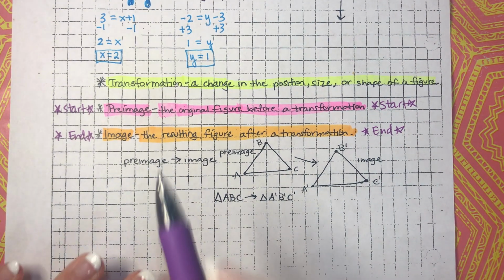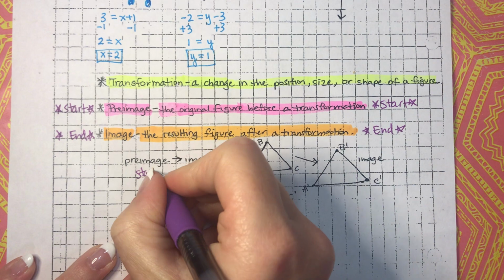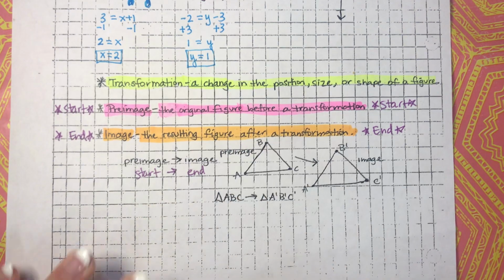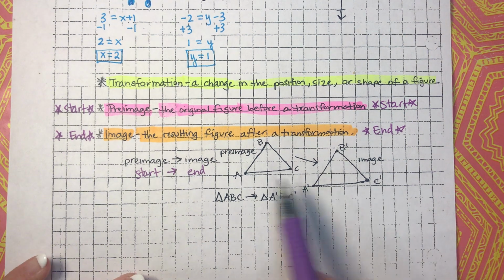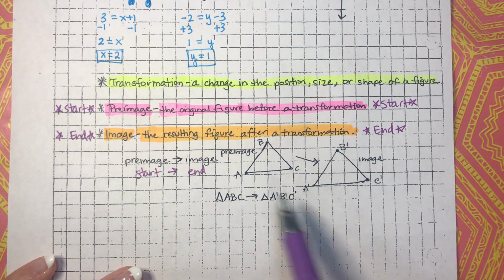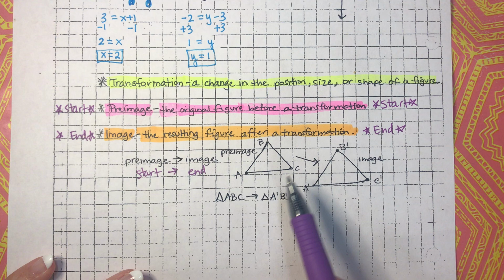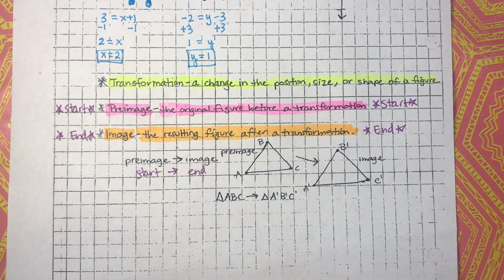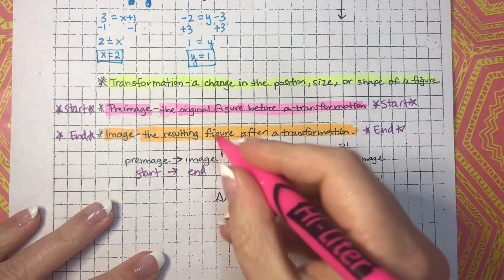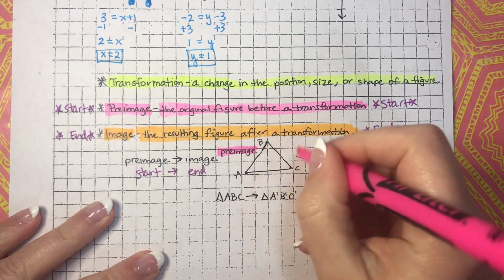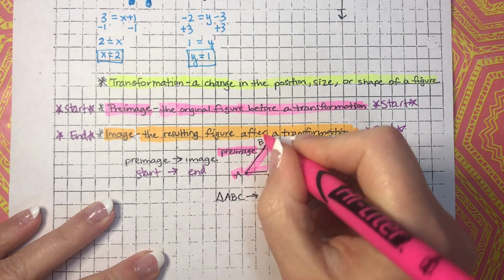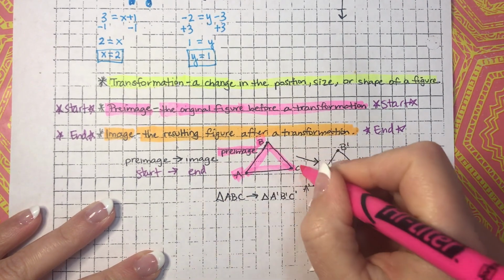So start, pre-image, goes to, and they use this arrow right here, to what you end with, which is the image. Here you're going to use symbols, and it's very important that you know how to read these symbols and write them. This triangle right here is the pre-image, and these are the vertices.